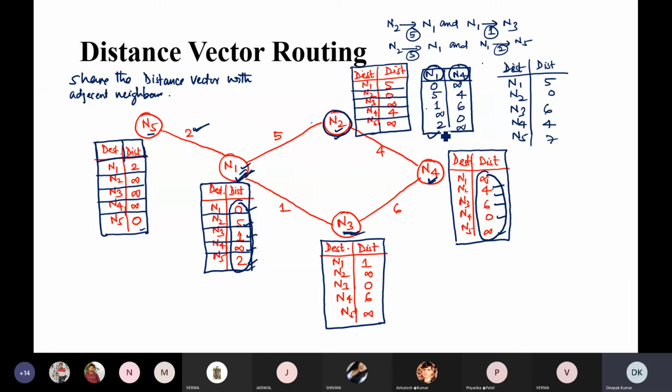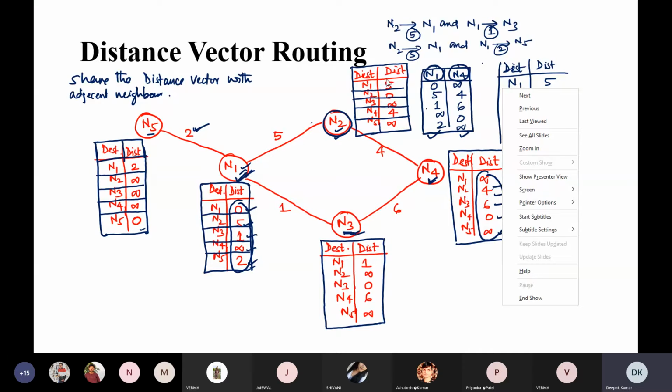Now with these two vectors and the information available with itself at N2 initially, the updation will start. After updation, the table will be updated and it will look like this. See here, a distance vector, N1 to N2.